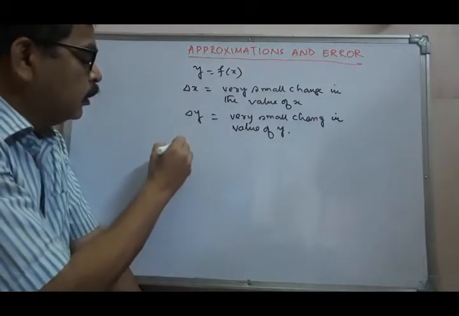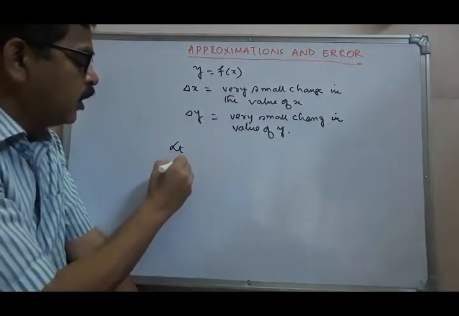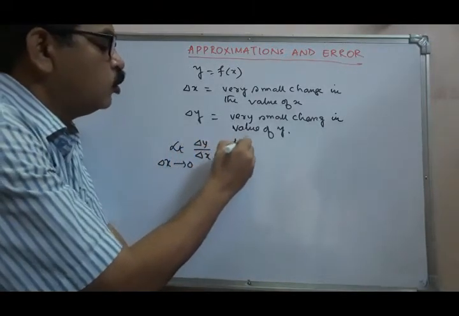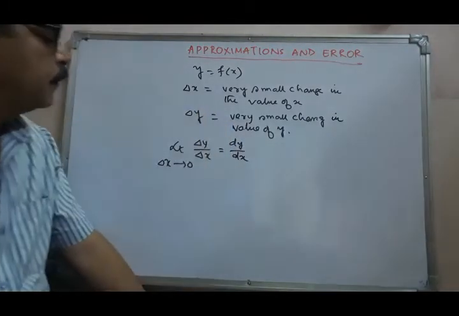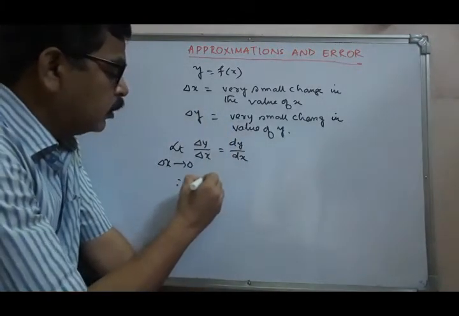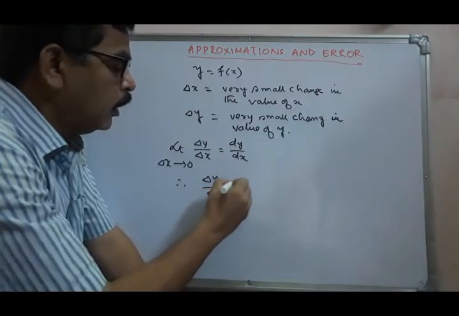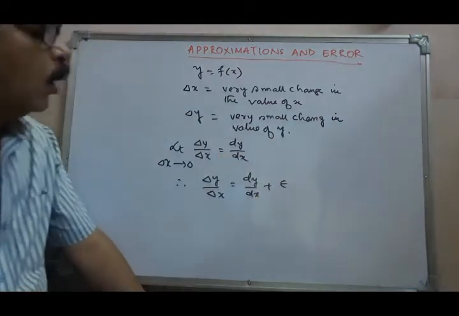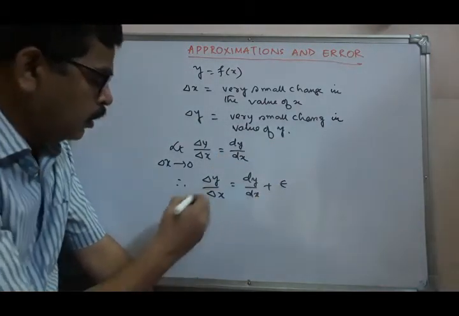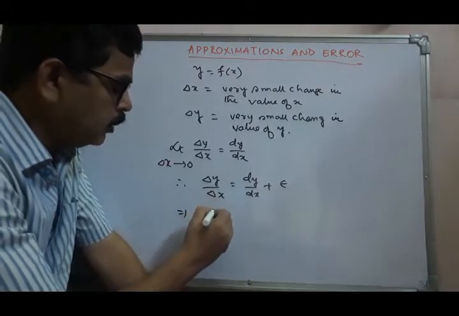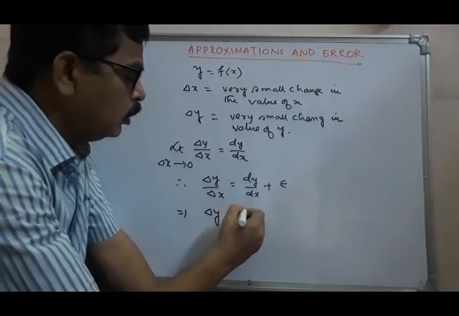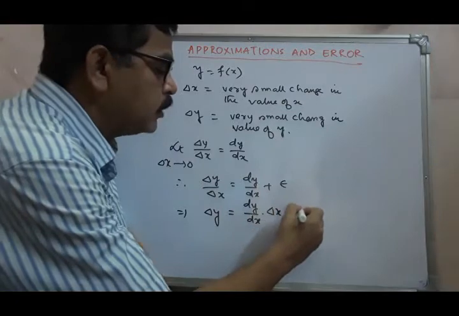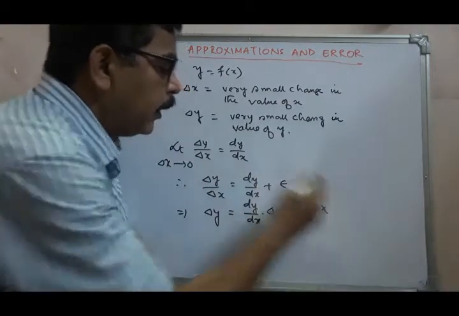We know that the limit as delta x tends to 0 of delta y by delta x is the derivative dy by dx. So it means delta y by delta x equals dy by dx plus a very small quantity epsilon. So from here we can write delta y equals dy by dx into delta x plus epsilon into delta x.